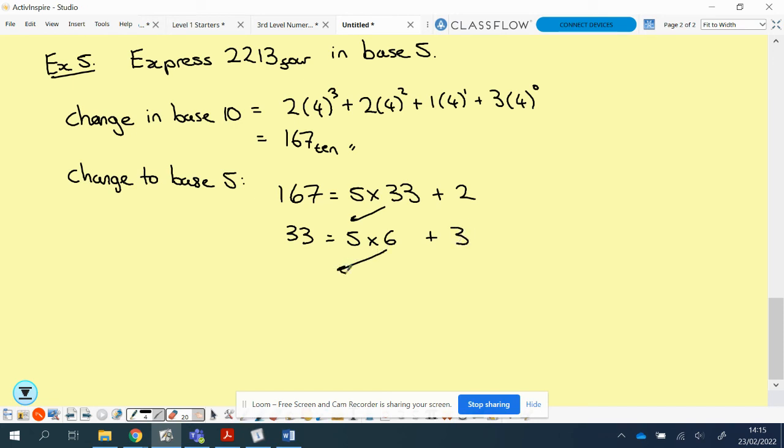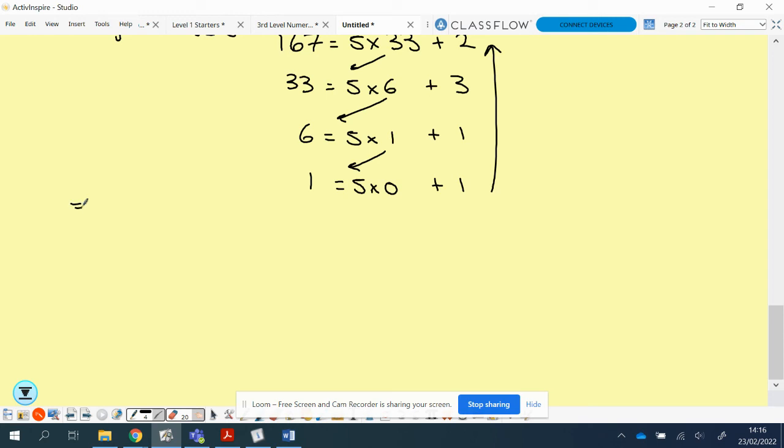Okay, 6 over, 5 fits into 6 one time, plus 1 remainder, bring that 1 over, 5 fits into 1 0 times, with a remainder 1. Remember, reading our numbers from our remainders in reverse order. Therefore, 2213 in base 4 actually becomes 1132 in base 5. Okay with that?